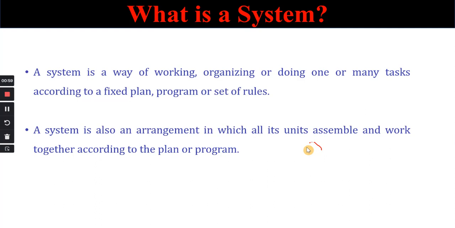Because it will have rules. That system or that unit is assembled as a combination of arrangements which will work under a set of rules.